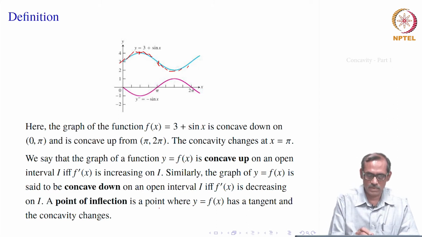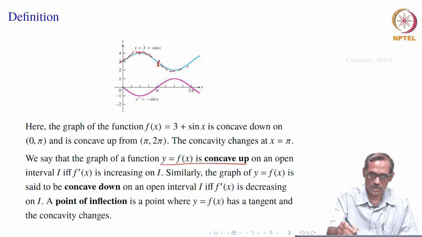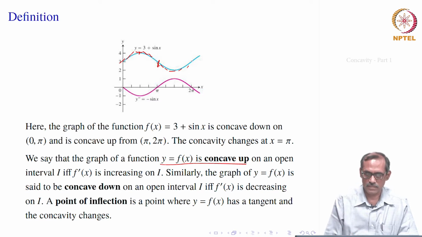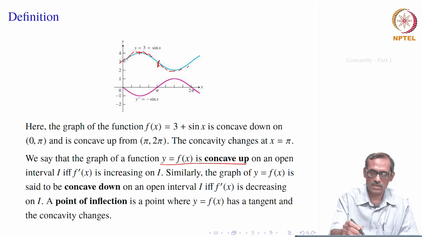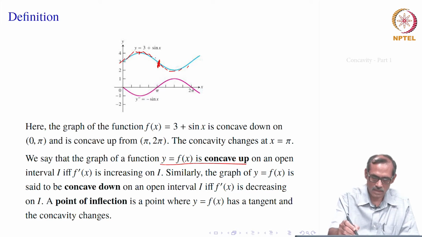So, looking at that, we will be defining our concave up or concave down. We will say that y equal to f x is concave up on an open interval I, here it is the open interval 0 to pi, if f prime x, which is the slope of the tangent, is increasing on I. Similarly, we will say that y equal to f x is concave down on an open interval I, if f prime x is decreasing on I, and at that point pi, the concavity changes.